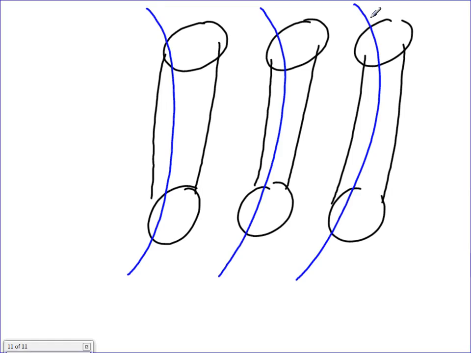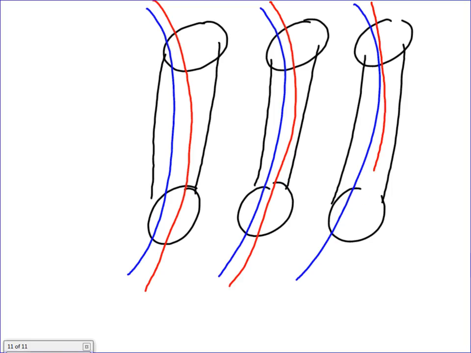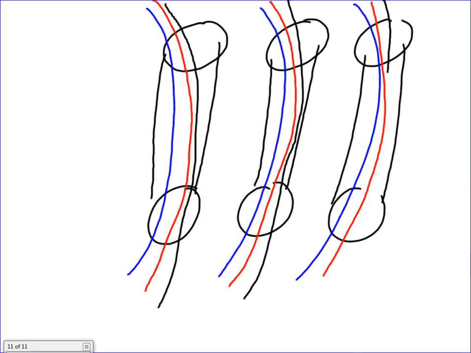This one is phase B, phase B, phase B. And the last one, I'm going to use black, phase C, phase C, and phase C. So I'm going to call this A, this is B, and this is C.